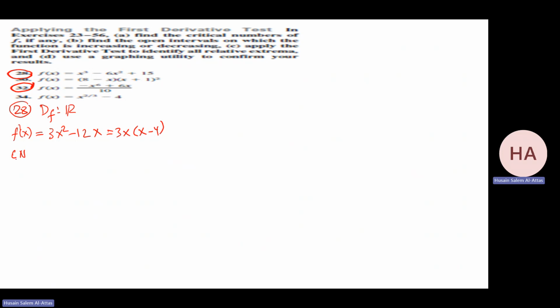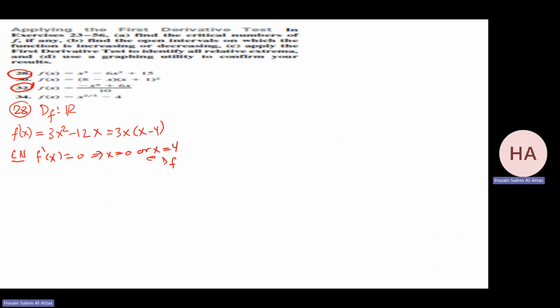Okay, critical numbers, f prime equals 0. So I have x equals 0 or x equals 4. And they are in the domain of f, since the domain of f is all real numbers. So both are critical numbers.